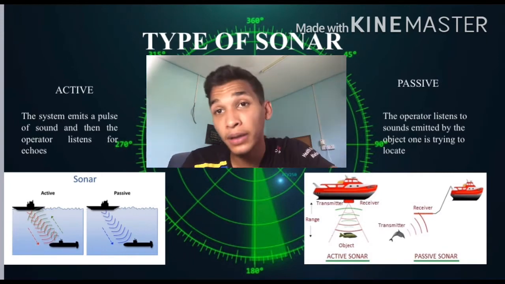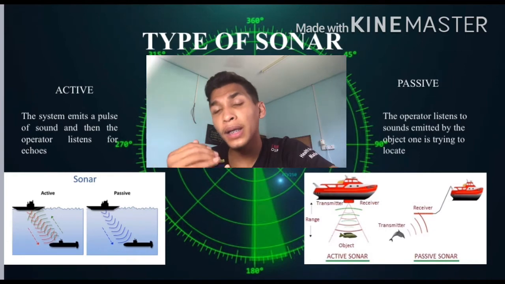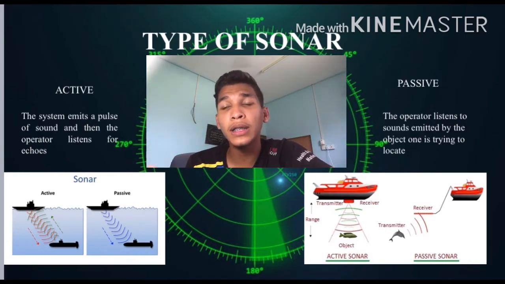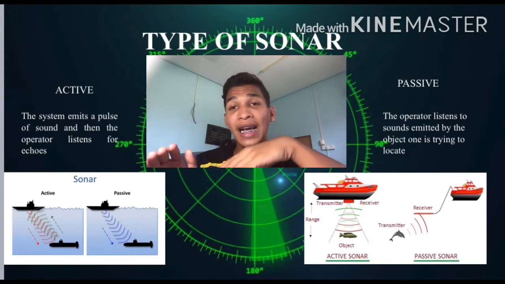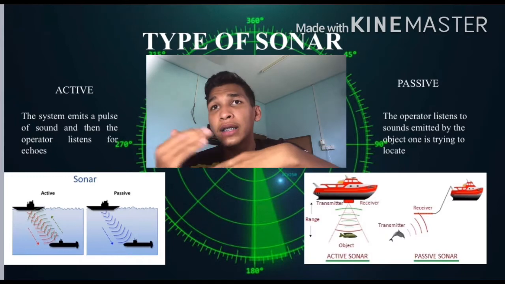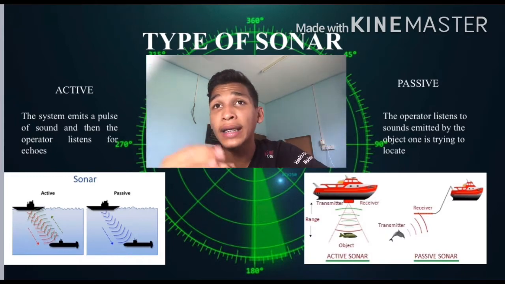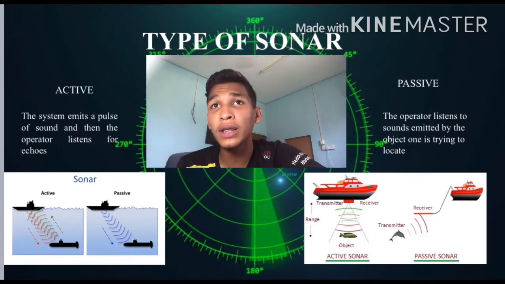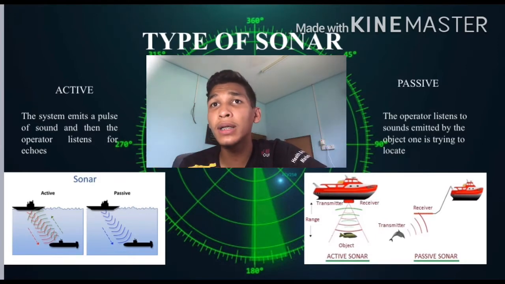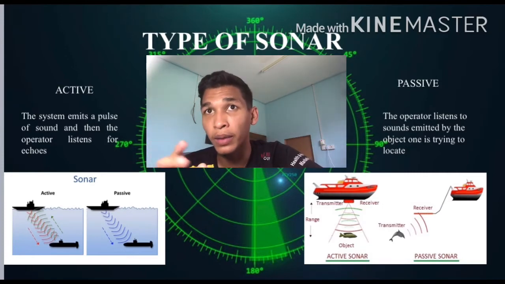The next one is passive sonar. How passive sonar works is that the operator listens to the sound emitted by the object one is trying to locate. So there is no reflected sound. Ships, submarines, marine mammals, and fish all make noise, and this noise can be used by passive sonar systems to locate them, in much the same way humans use their ears to locate someone speaking in a room.